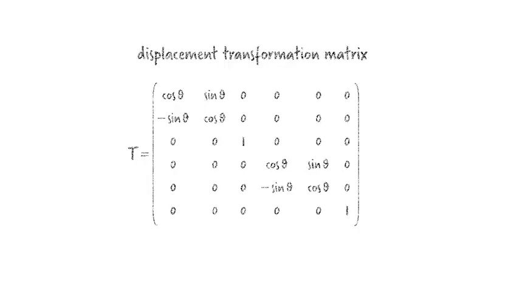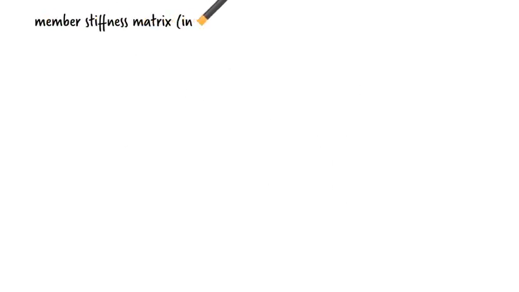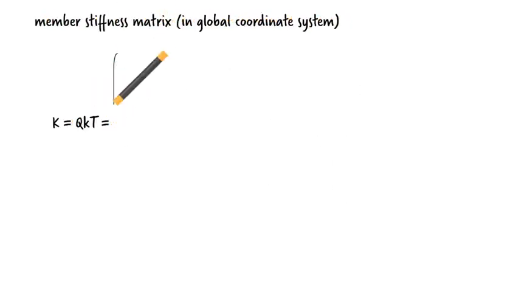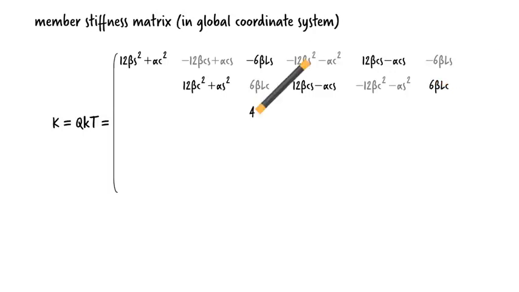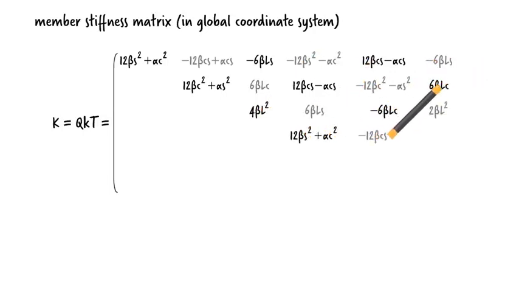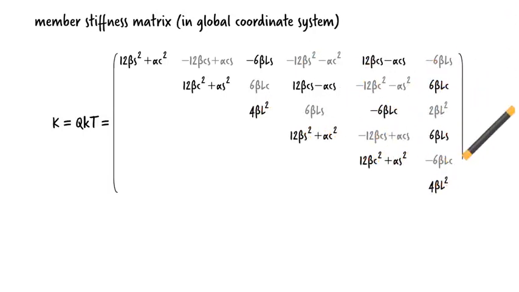Multiplying Q by K by T, we get, where alpha equals EA over L. Beta equals EI over L cubed.